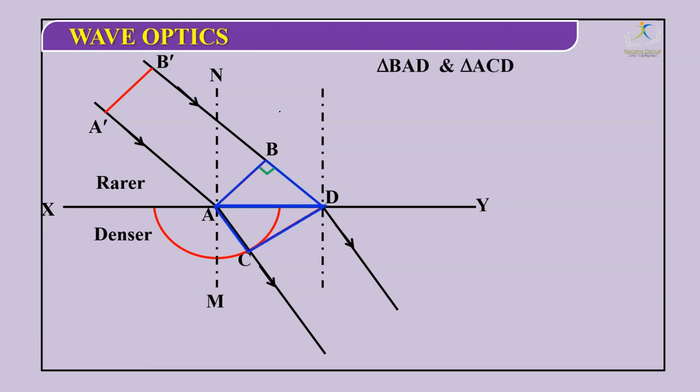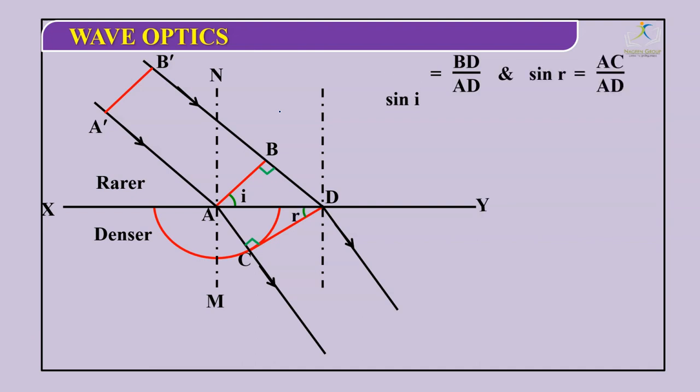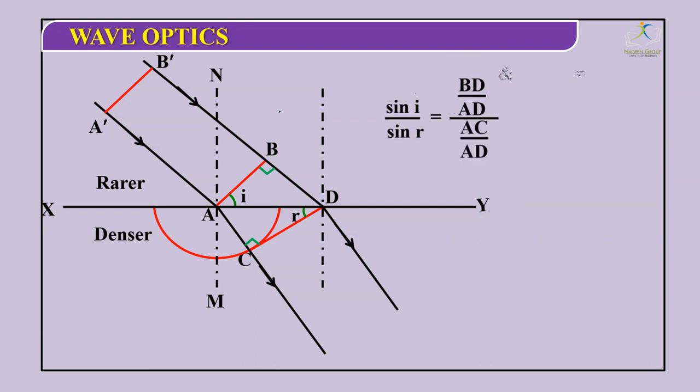If I just take the triangle BAD and triangle ACD, sin I is equal to BD by AD and sin R is equal to AC by AD. Sin I by sin R is equal to BD by AD over AC by AD, which gives the value BD by AC, which is equal to V1t by V2t.